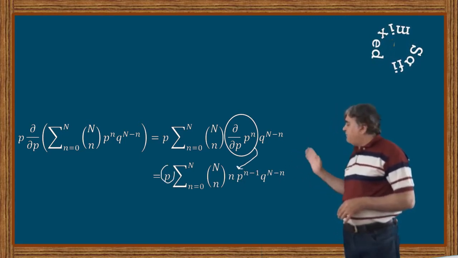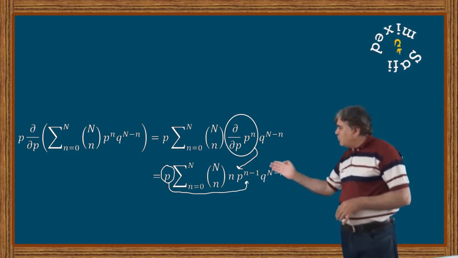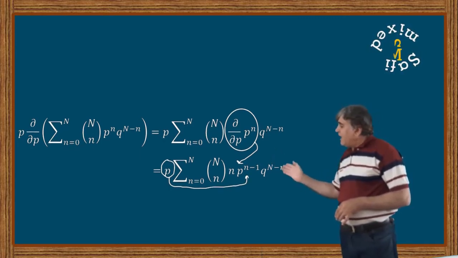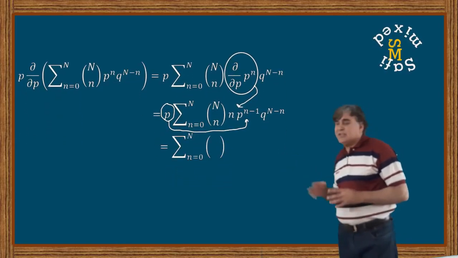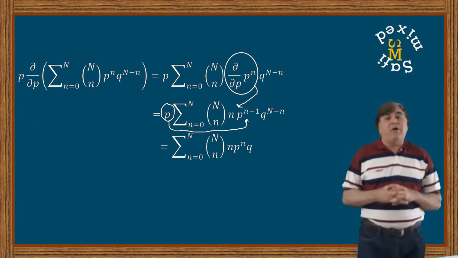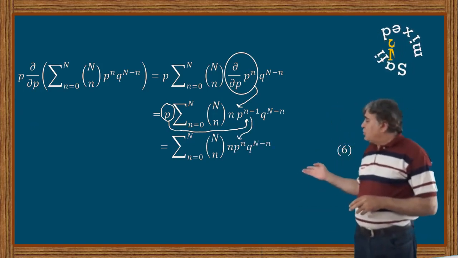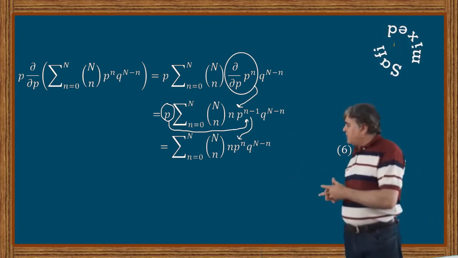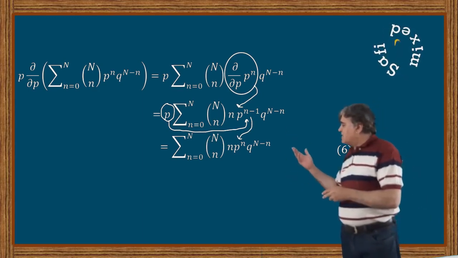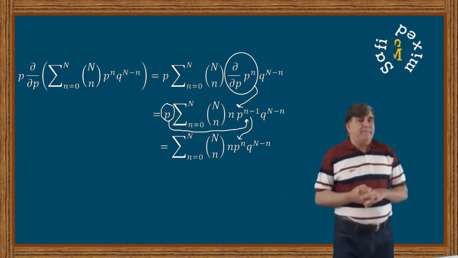Taking the leftmost P to combine that with P power n minus 1, I can rewrite that as n P power n, and the whole relation takes this form, that is summation from n equal to 0 to capital N of N choose n, the whole multiplied with n times P power small n Q power capital N minus n.